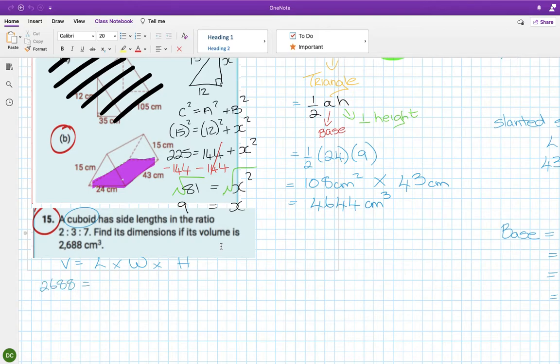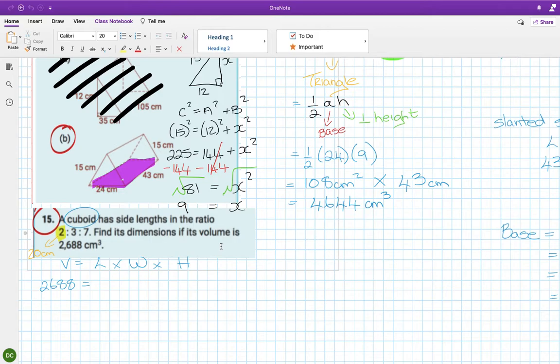And basically, if they're in the same ratio, it means that this 2, 3, and 7 are multiples of a given number. So let's say this 2 here represents a 20 centimeter side. That means the 3 has to be 30 centimeters, because if 2 is 20, then 3 would be 30, and then 7 would be 70.